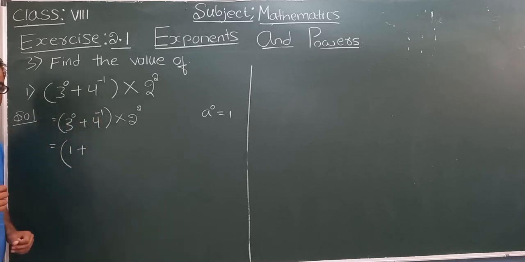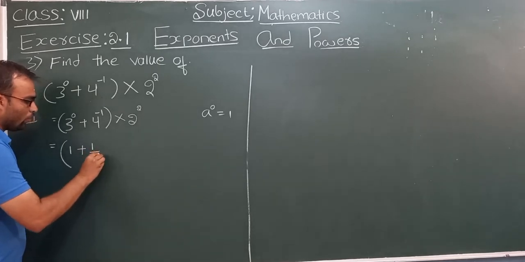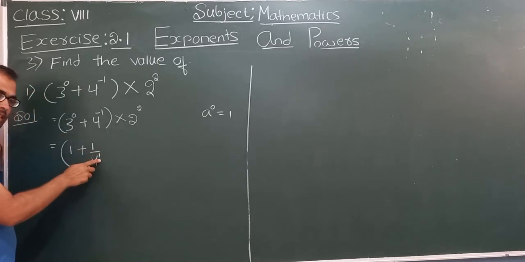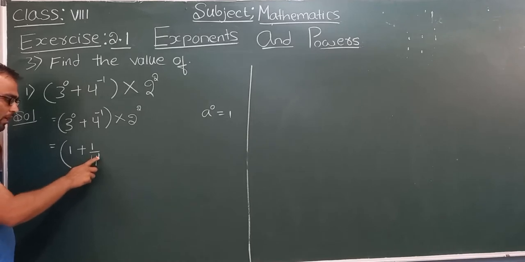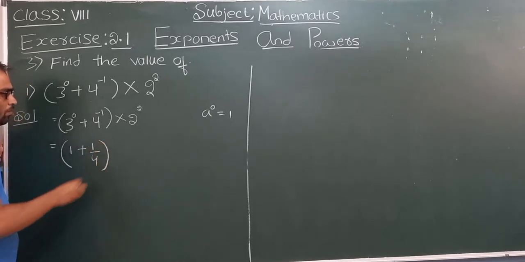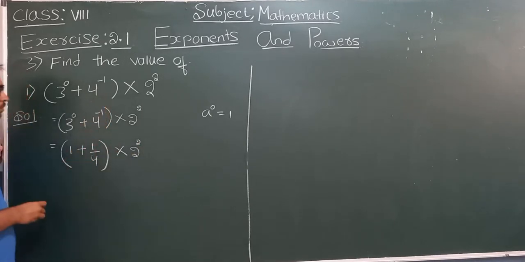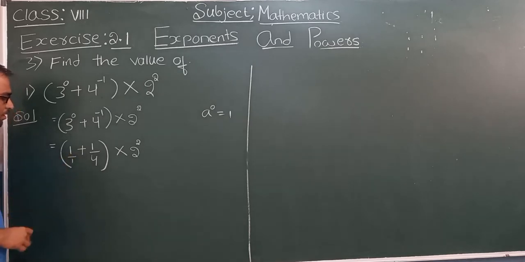If we take the reciprocal, it will be converted into a positive power, that is 4 to the power 1. 4 to the power 1 is nothing but 4 only, students. So you can write it, or you can erase it, into 2 power 2. See here, students, nothing is there, so 1 will be there.